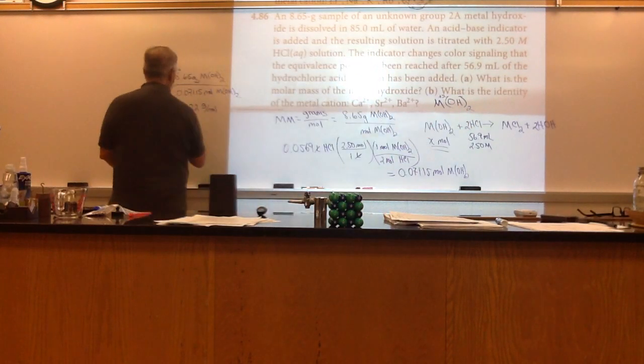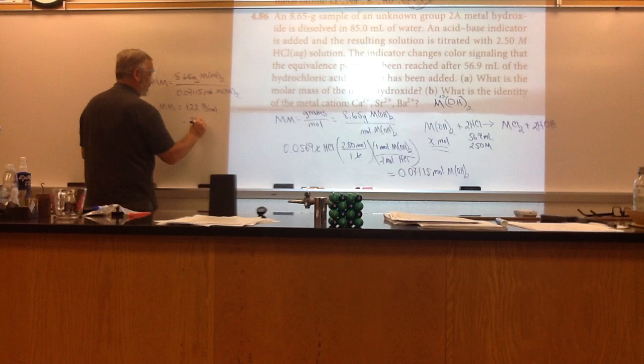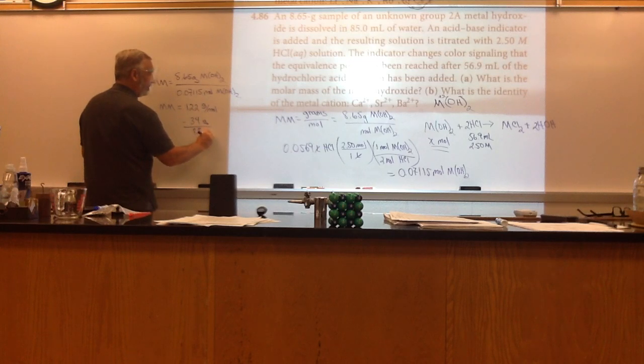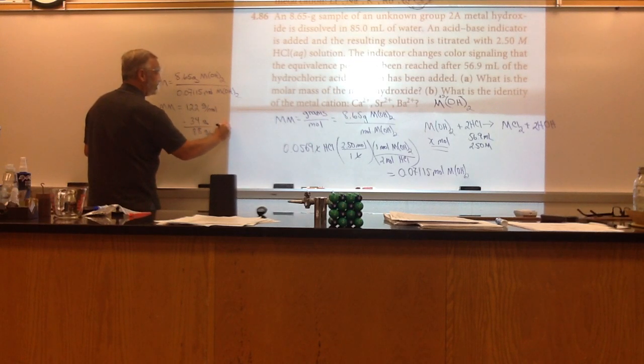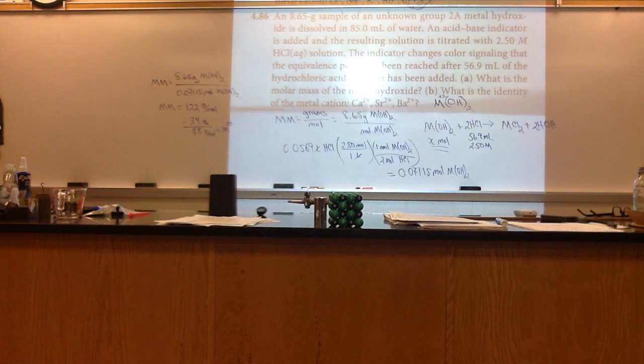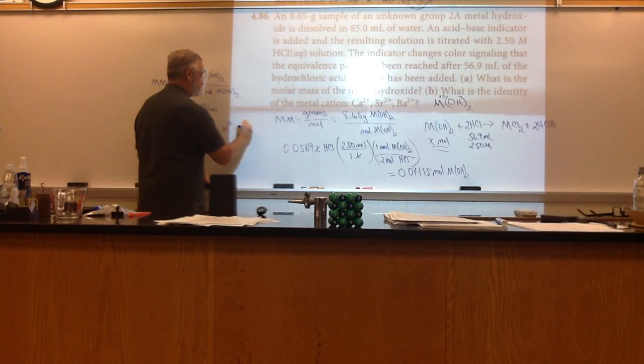So minus 34, and that's going to be 88 grams per mole is equal to M2 plus. And which one is 88? Come over here and you find strontium is 87.62. Okay? So equals strontium 2 plus. Now does the charge matter?